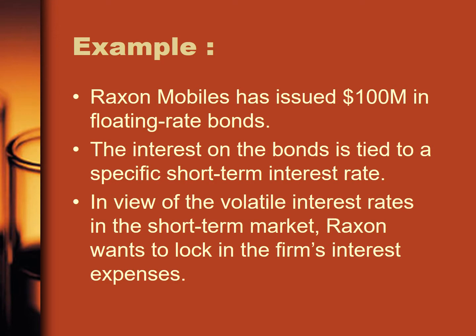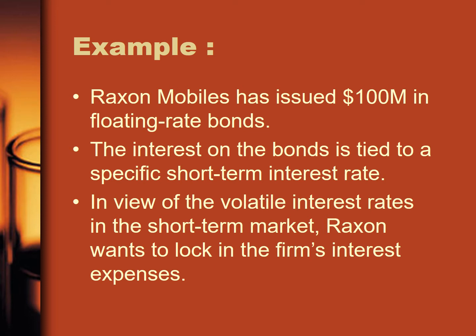Okay guys, now let's run through an example, and let's assume that the company named Rexon Mobile has issued $100 million in floating rate bonds, and the interest on the bond is tied to a specific short-term interest rate.